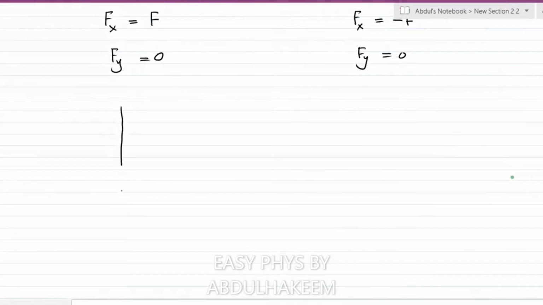Suppose this is the vector, it is vertical, so its x component is 0.